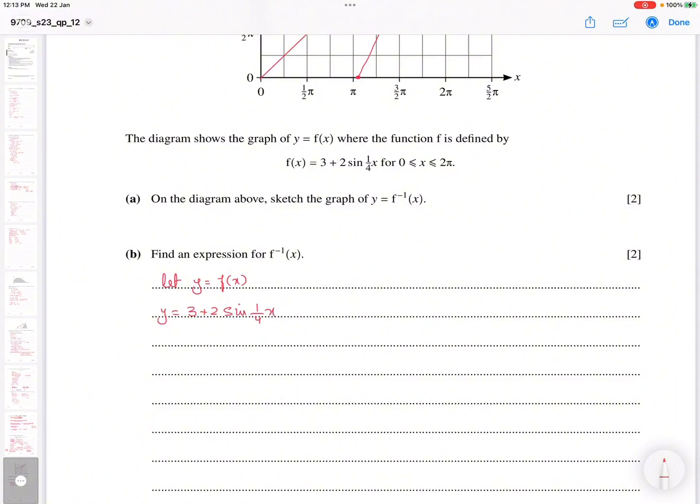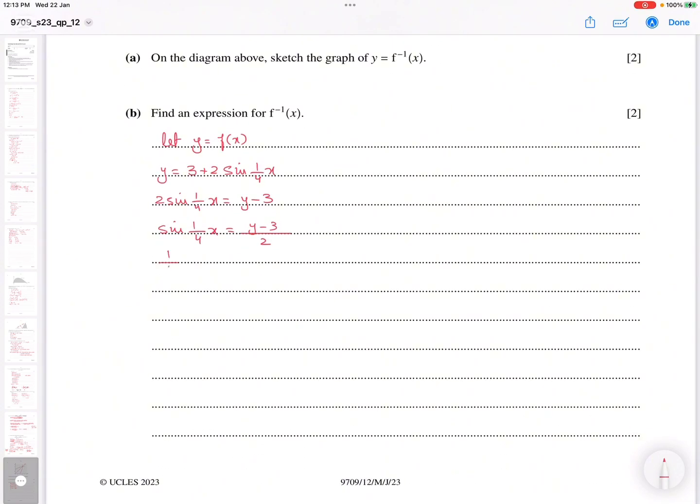So now try to make x the subject. So 2 sine 1 over 4x is equal to y minus 3, so sine 1 over 4x is equal to y minus 3 divided by 2.